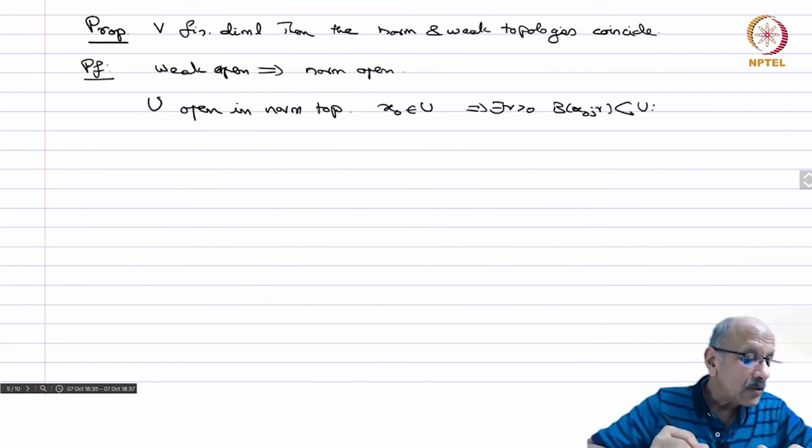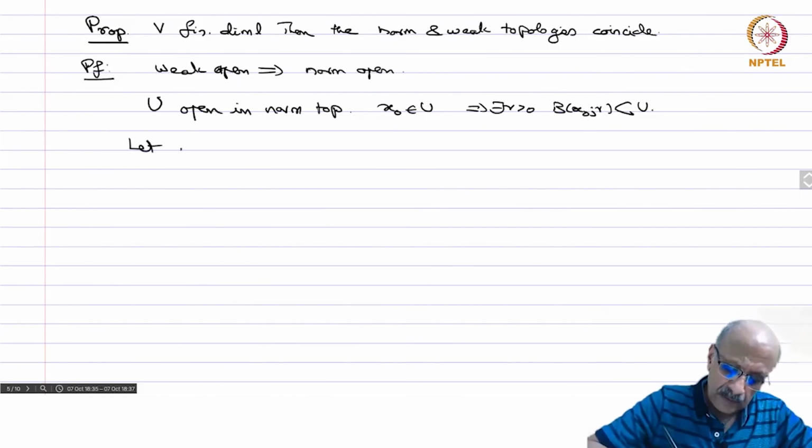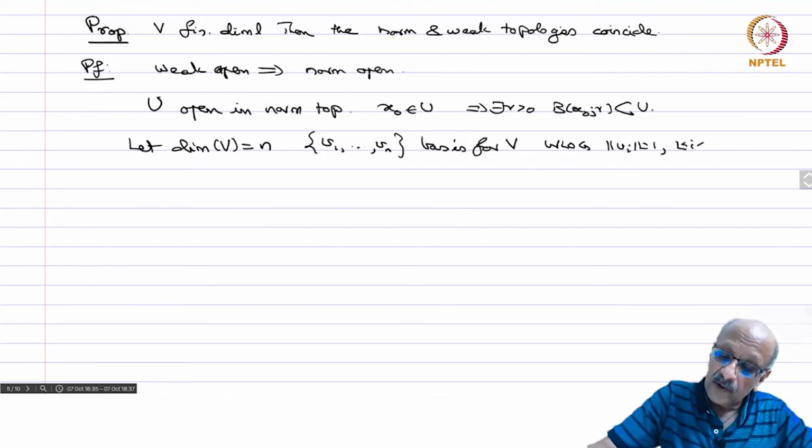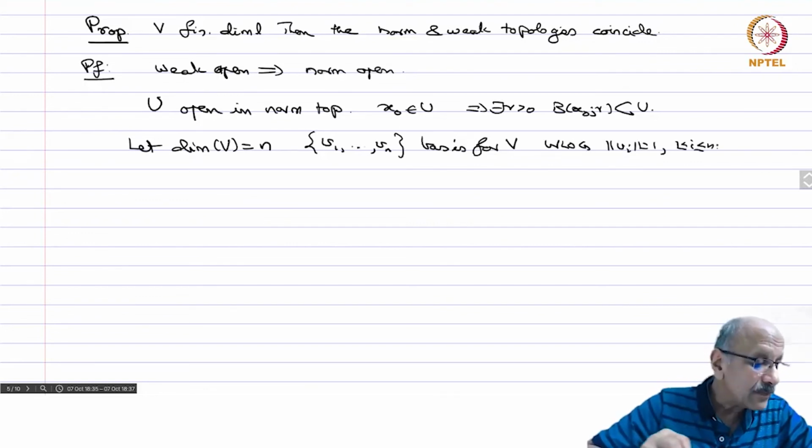Okay. So let us assume dimension of V equal to n, and then V1 to Vn is a basis for V, and without loss of generality we can assume norm Vi equal to 1 for all 1 less than or equal to i less than or equal to n. Okay.